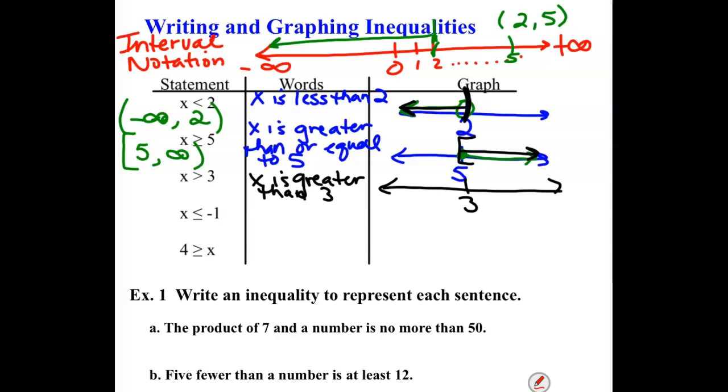Okay. And are we going to the right from there or to the left? To the right. So we're going to curve it around towards the right and put an arrow. Okay? And what's way over here on the far right? Infinity. So we want the numbers between 3 and infinity. So we're going to notate that like that. The numbers between 3 and infinity without quite getting to either of those endpoints.